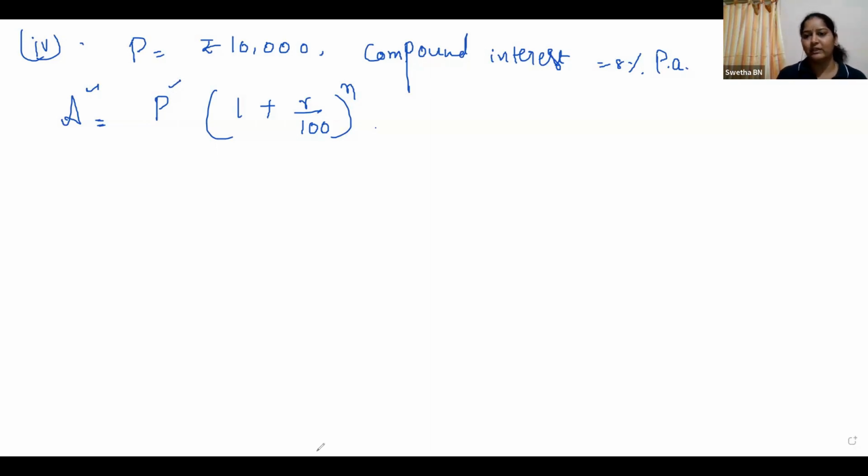So what is amount? Amount is the sum of principal and interest. So principal plus interest is nothing but amount. What is R? It is rate of interest. That is 8% given. N is nothing but number of years, time.